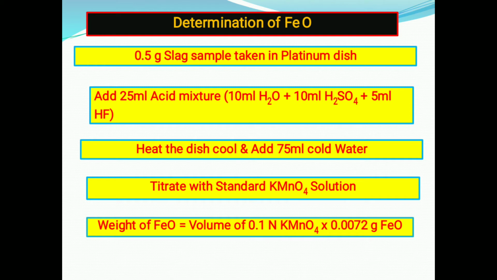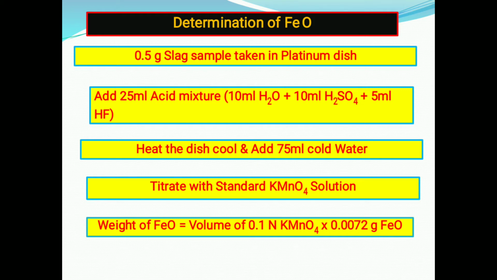After getting the solution, you need to titrate it against standard potassium permanganate solution until we get a pink color. Here there is no need to add any indicator. Why?